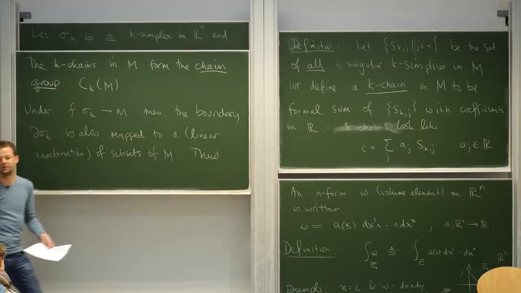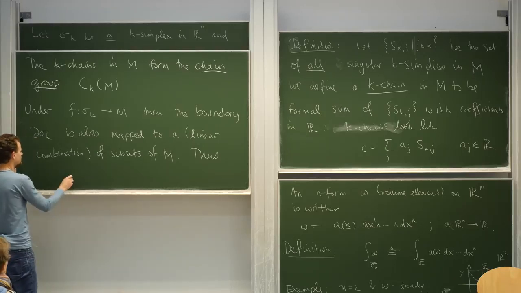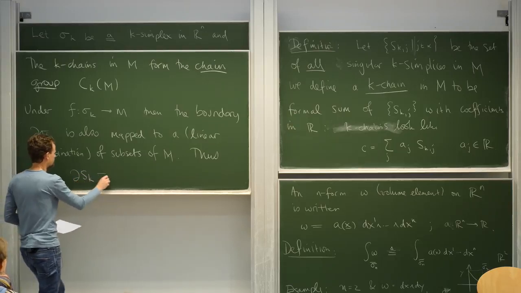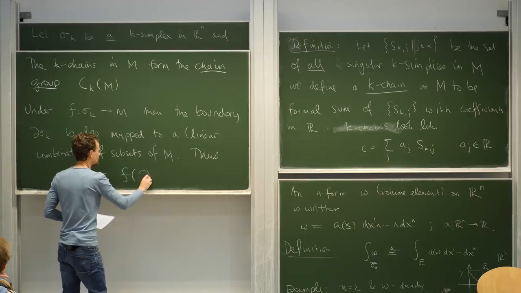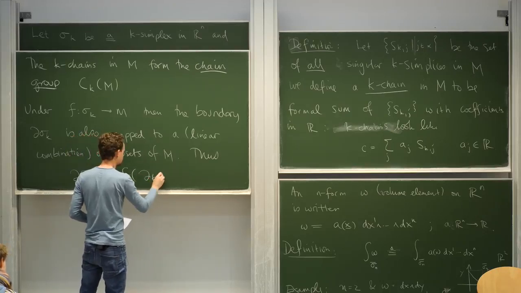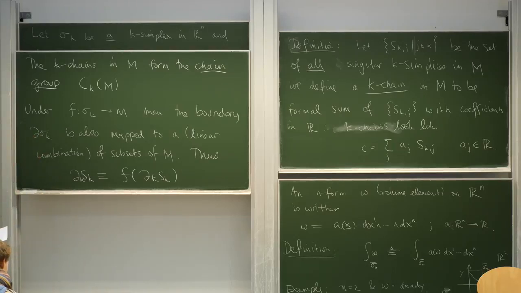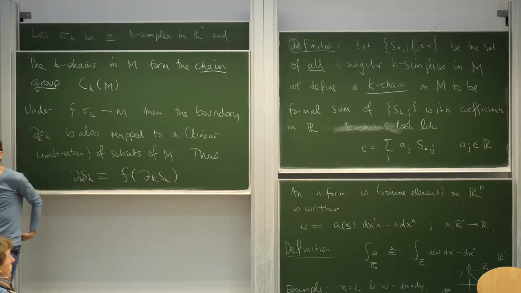Because we want to act the boundary operator on singular k-simplices, not on their original counterparts in the real numbers. And it's important if we're going to really think of this d as an operator or a linear map on this space over here.